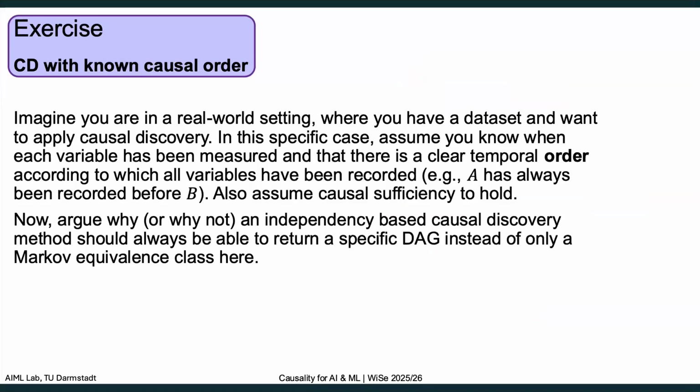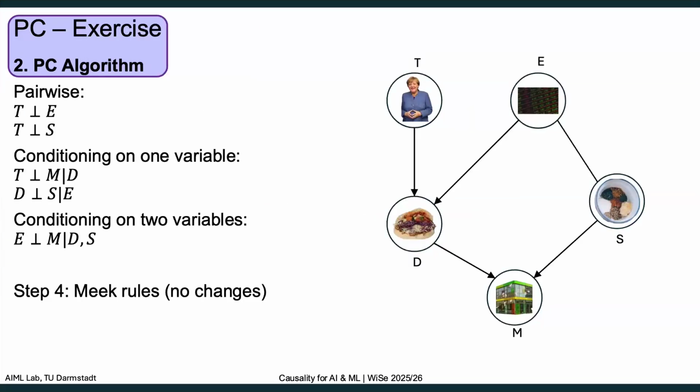So I think this might be rather easy to see or to think of. The idea is we have a causal discovery algorithm, and it discovers some CPDAG, so maybe this one. And in addition, we are given a causal order.